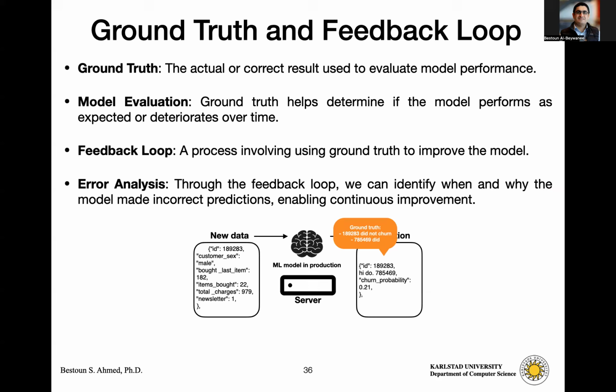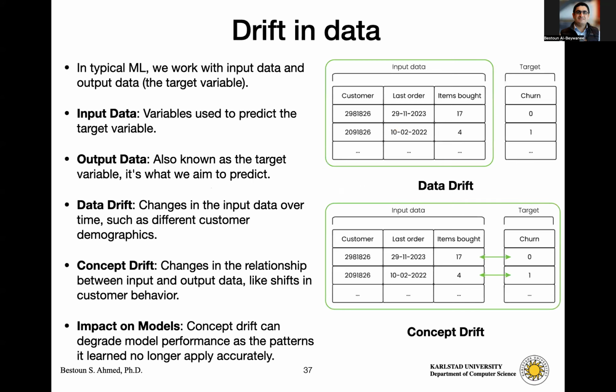Most of the time, we have a feedback loop also, which means using ground truth to improve the model. With this, we can identify when it happens and why it happened.